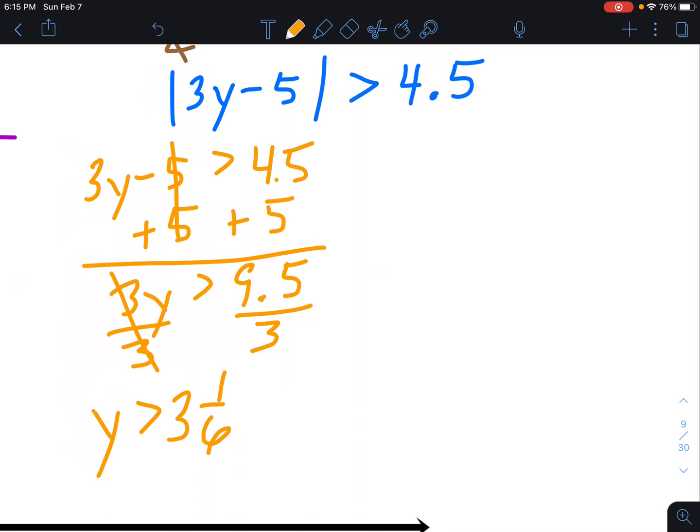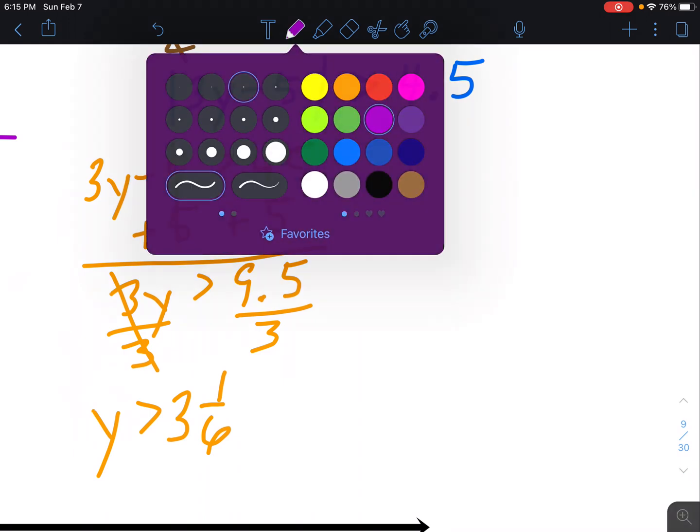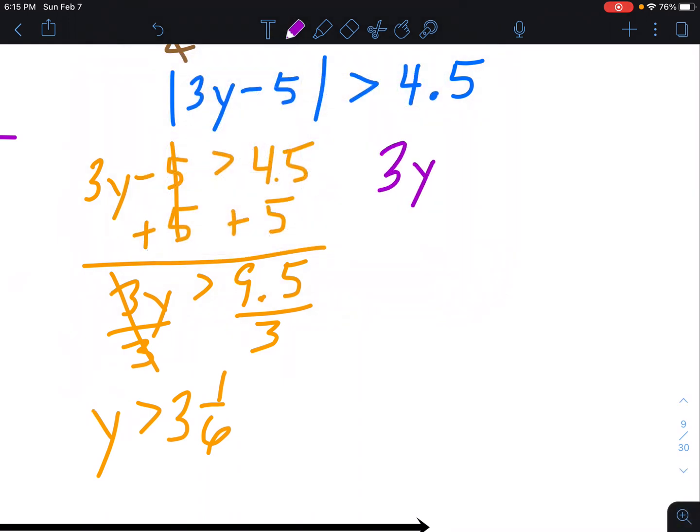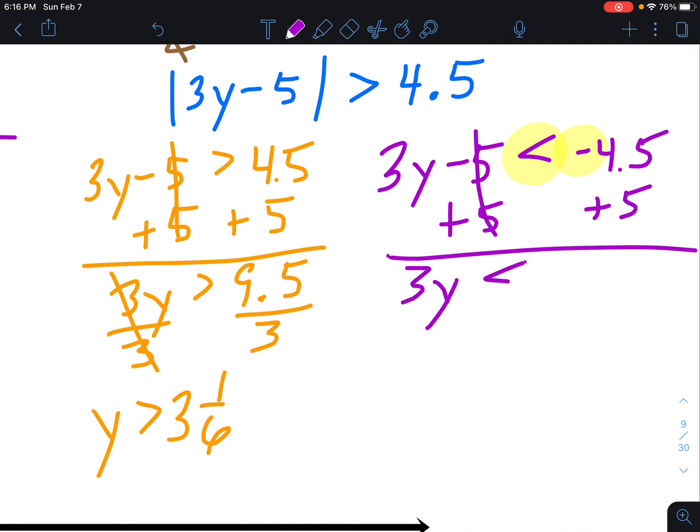All right, now the second one I solve. Remember, what are your two changes going to be? Flip the symbol and change to a negative 4.5. So change and change. And then I solve. I'm going to add 5. Let's just call that 1/2.